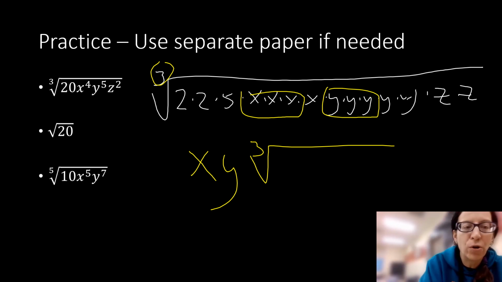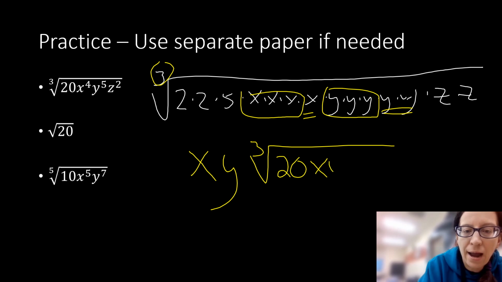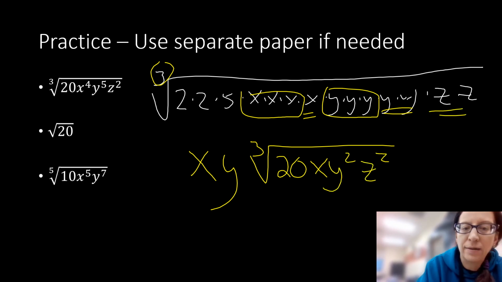But we'll go ahead and put the 2 times 2 times 5 back together again. I have 1 x, I have 2 y's, and I have the 2 z's. So hopefully you have something that looks like that on your page, but if not, go ahead and make a correction as needed. Second problem.